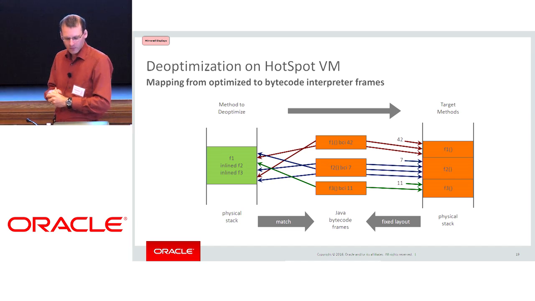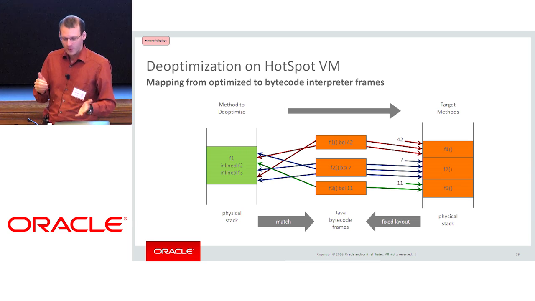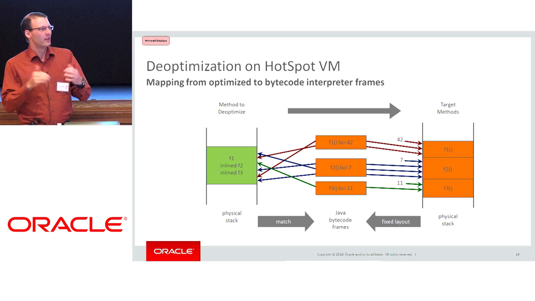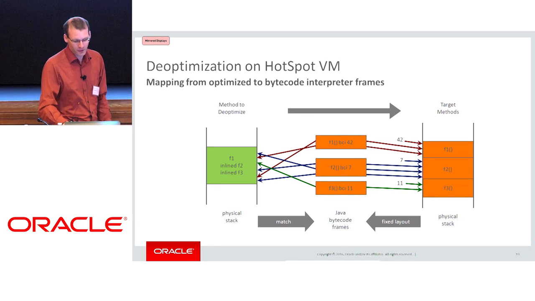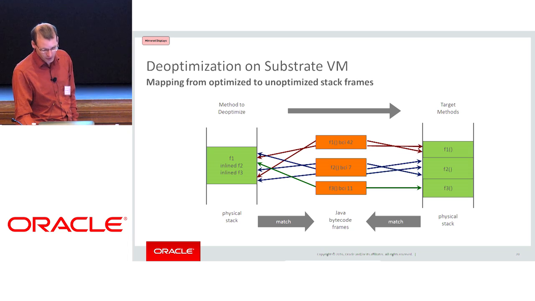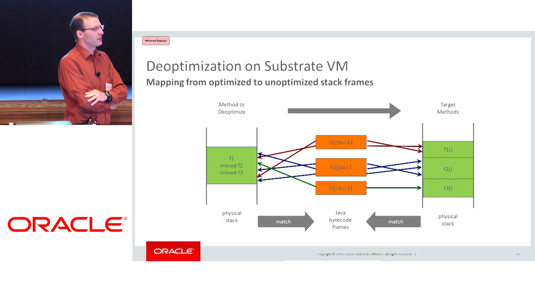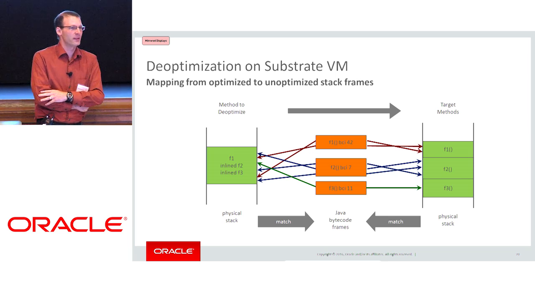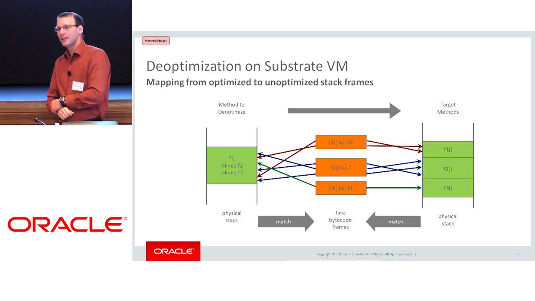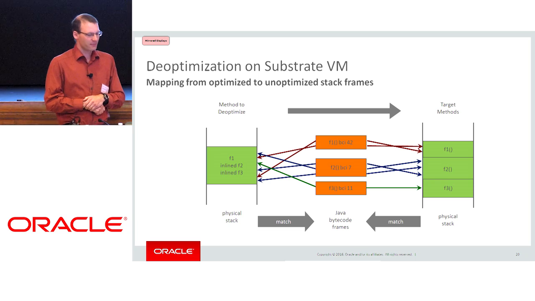And to make that work without an interpreter, we have to change our right-hand side here, because we don't want to de-optimize to an interpreter frame. We want to de-optimize to a compiled frame. But it turns out that it's actually not too difficult, because we can just compile these de-optimization entry points with Graal as the compiler. And we compile it in a special mode, where you could say we disable a lot of optimizations.